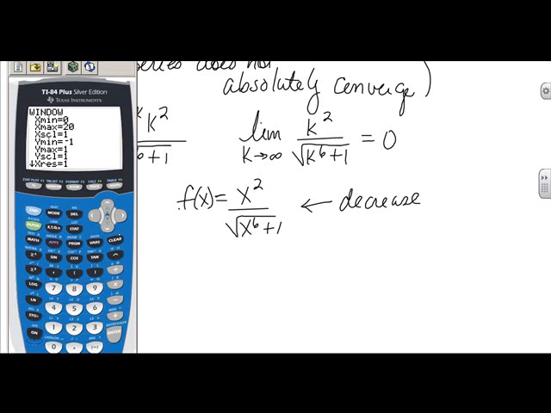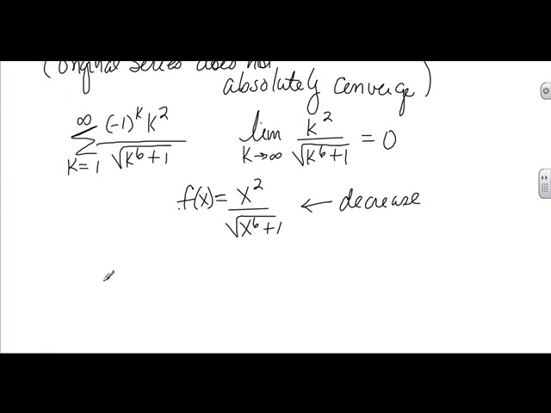There's certainly some evidence there that the terms of this series are going to be decreasing terms or non-increasing terms. So the series of -1 to the k times k squared over square root k to the 6th plus 1 is conditionally convergent, or converges conditionally is a better way of saying that.